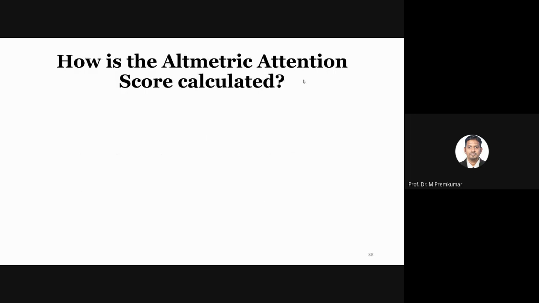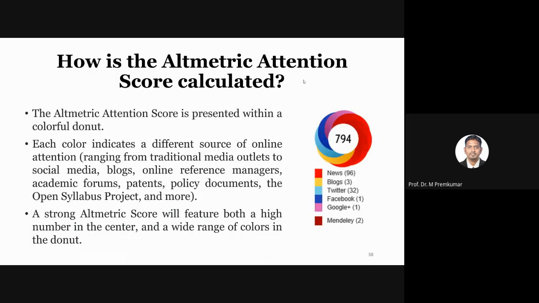For example, if your paper is visible in newspapers or blogs or Twitter or Facebook or Mendeley, wherever you get views, that will be counted for calculating the altmetrics.